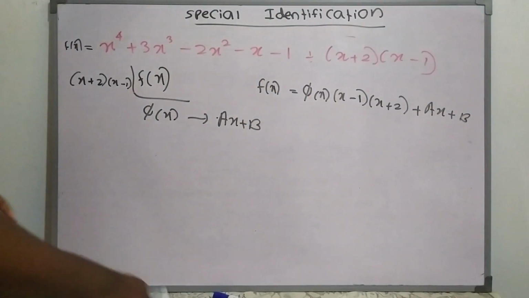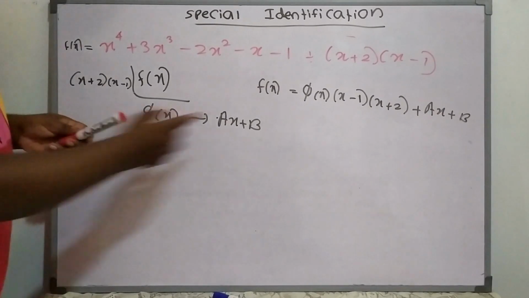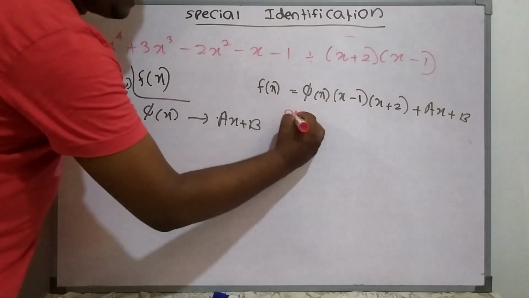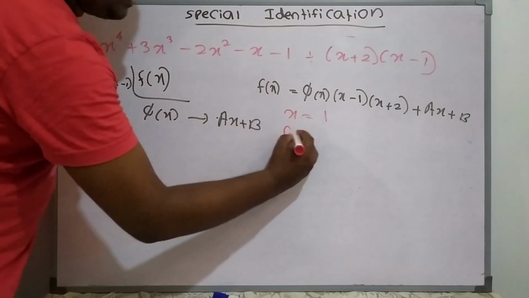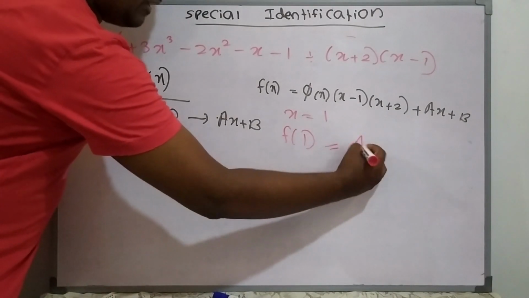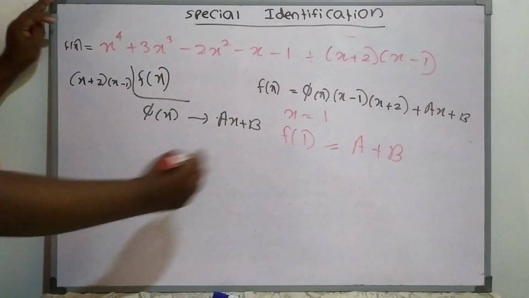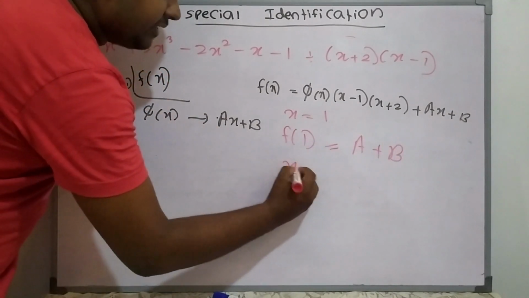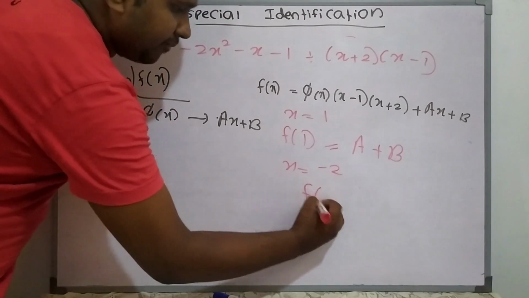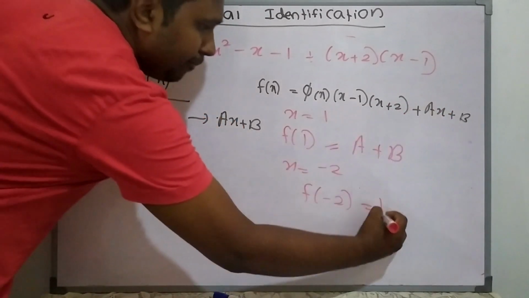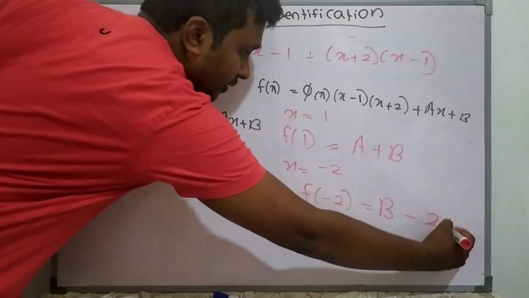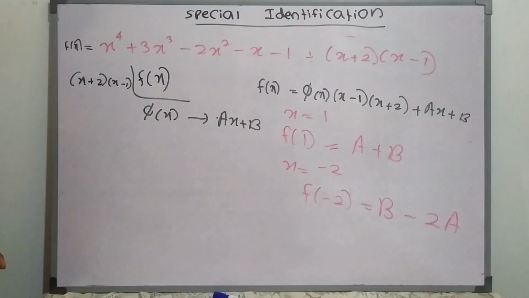So to cancel the psi x, I am just putting x equal to 1. So it's f(1) equals a plus b, and also I am putting x equal to minus 2, then it's minus 2a plus b, ax plus b, right?